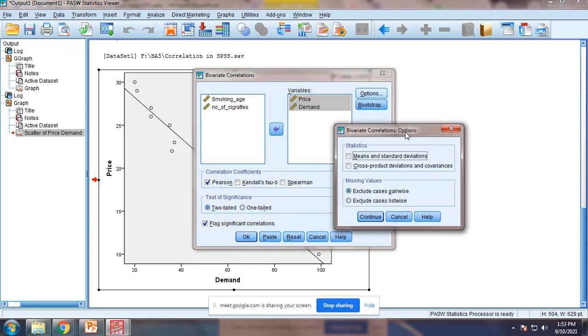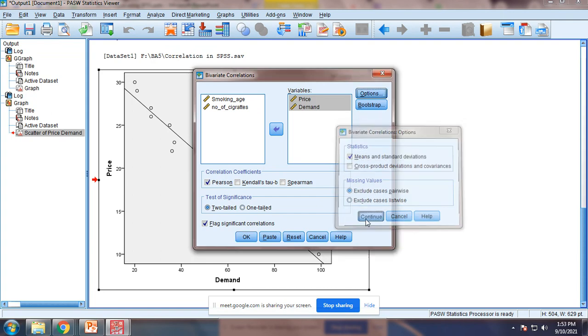Here in options you have this option, you can click this. It's not mandatory, but you can select mean and standard deviation as well. So it will tell you the mean value and the standard deviation for these variables. For now, to show you, I am ticking both mean and standard deviation. Otherwise, this is not required.